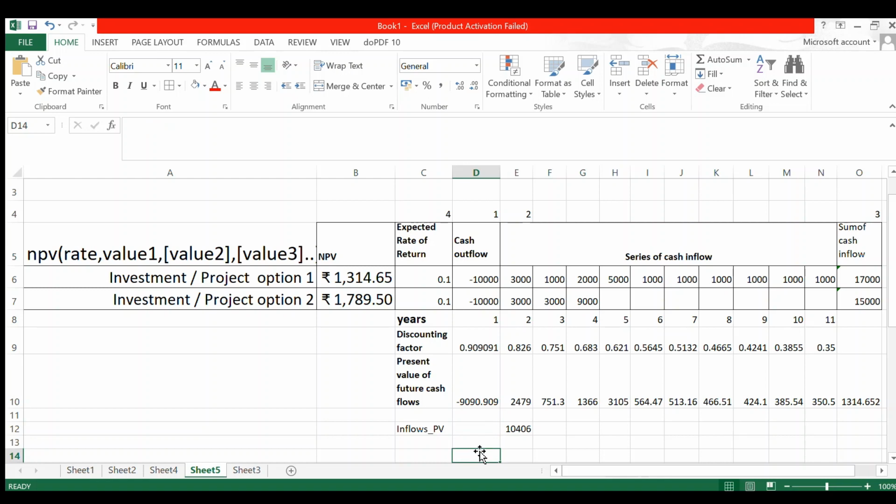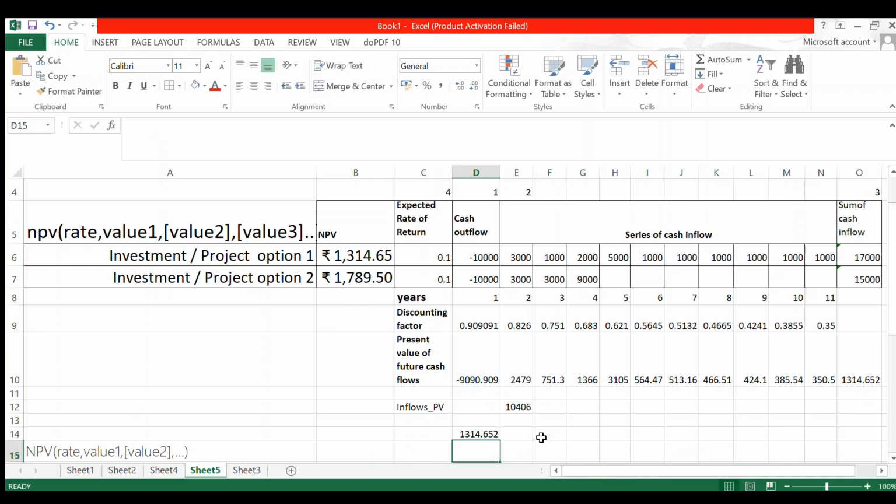When we sum these two, the present value of cash inflows and cash outflows, we get again the same amount, the net present value of 1314. Actually, the present value of all your cash inflows is 10,406 and the present value of your cash outflow is 9090, and the net present value of your investment option 1 is 1314.